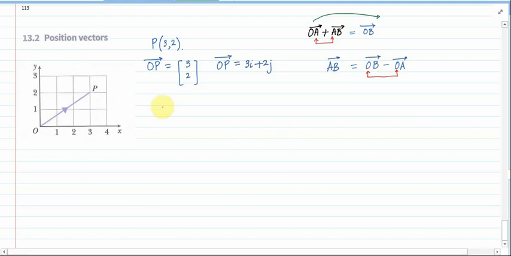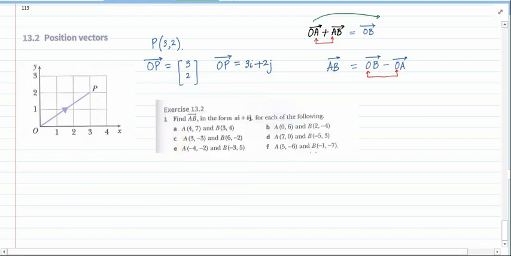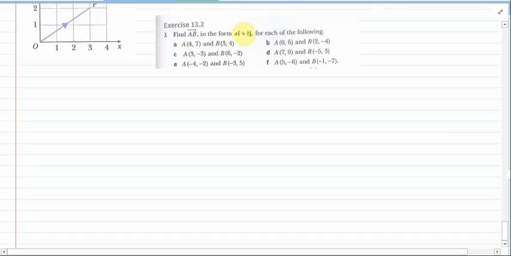Now we are going to start exercise 13.2. It says, find AB in the form of ai plus bj for each of the following. Starting with part a here, the coordinates of A are 4, 7 and B is 3, 4, right? We need to find AB.